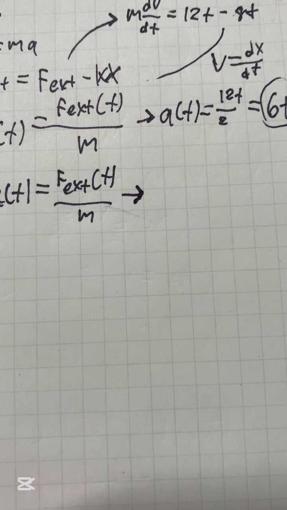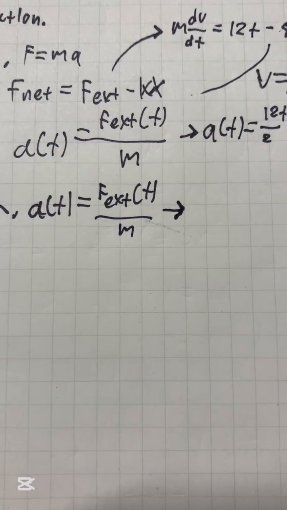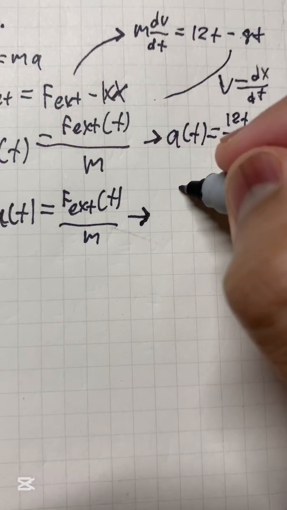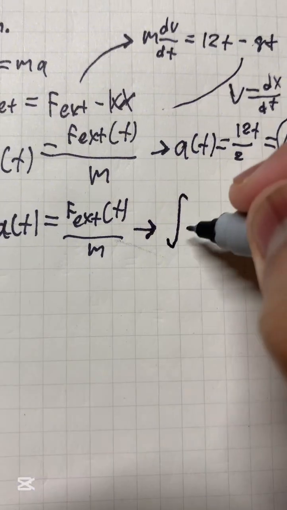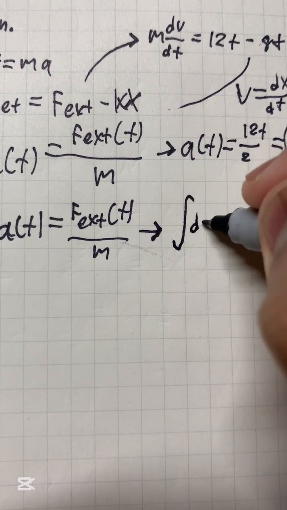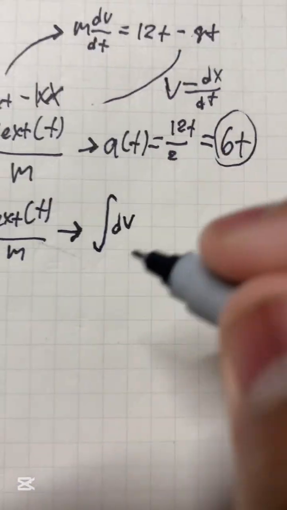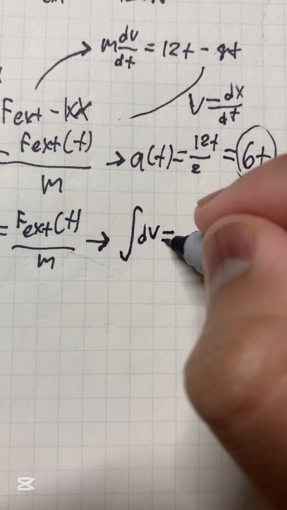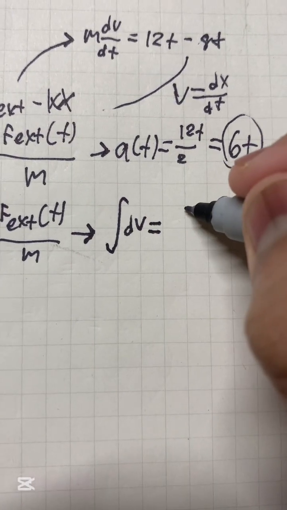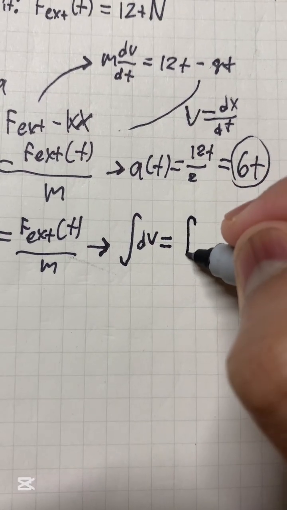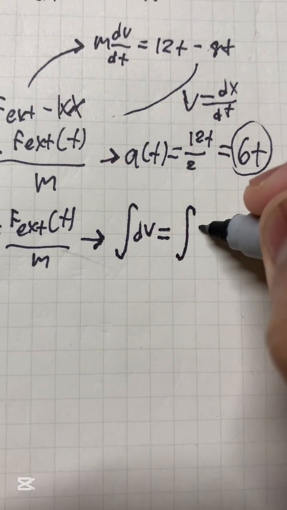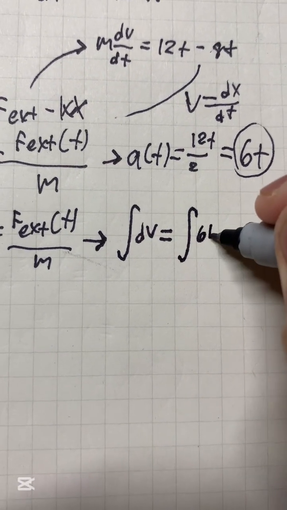That's going to turn into velocity. We're just integrating first. I'm not that good at integrating on my own. I would have used a calculator here, but I didn't have one, so I just did it by hand.